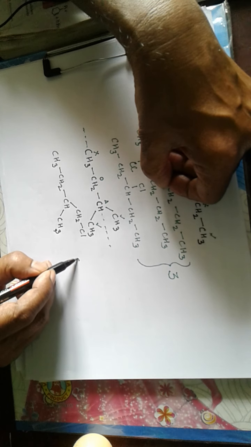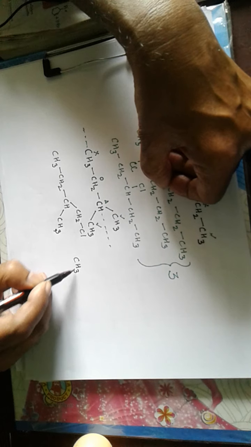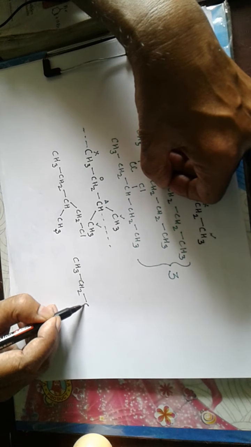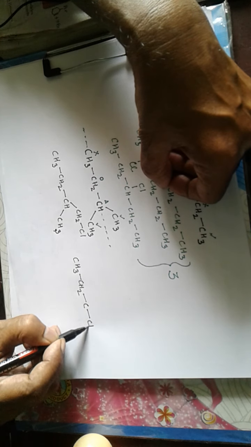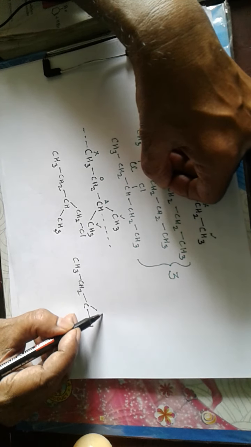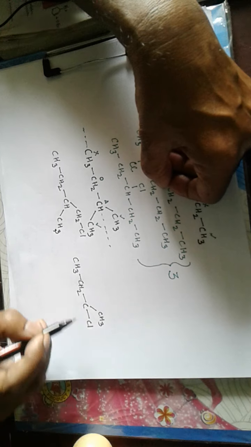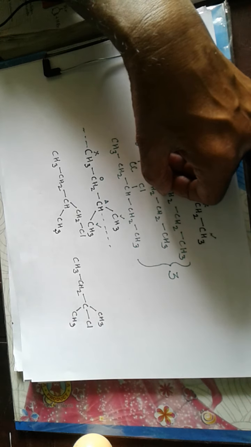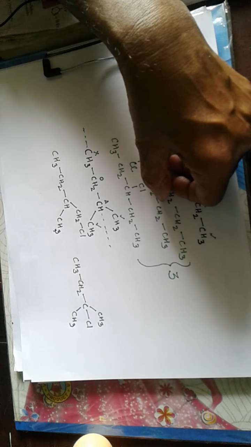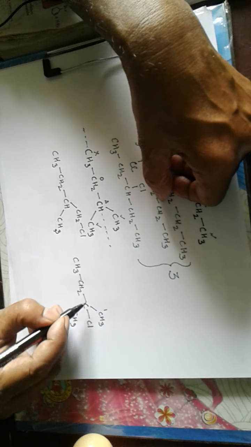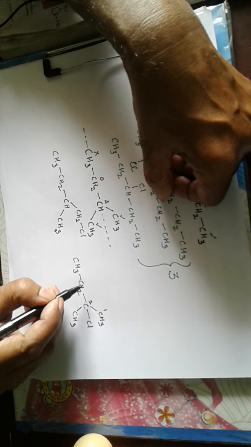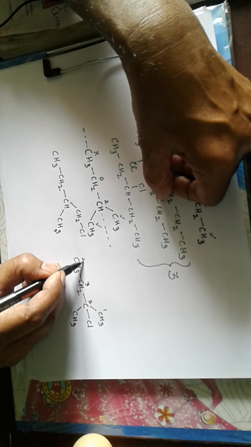So we get a second isomer CH3 CH2 C Cl, CH3, CH3. Now if we number the structure, longest chain, this is 1, 2, 3 and 4.